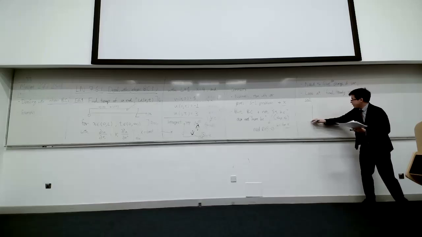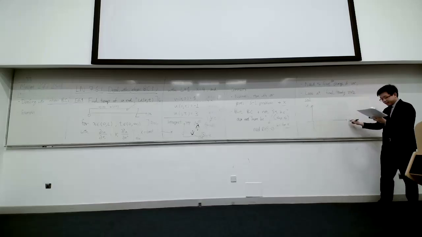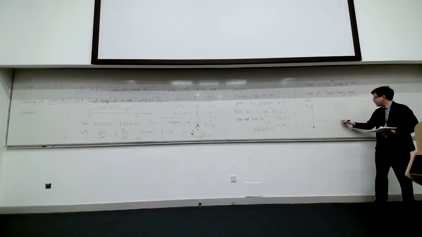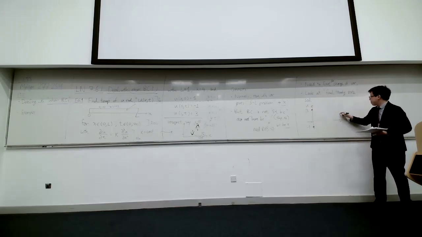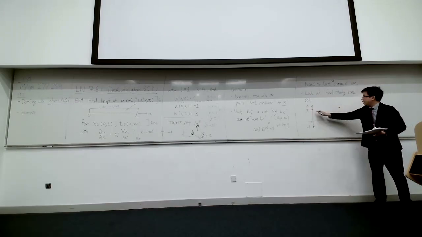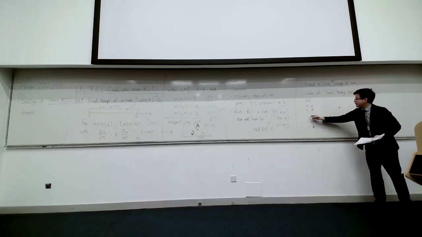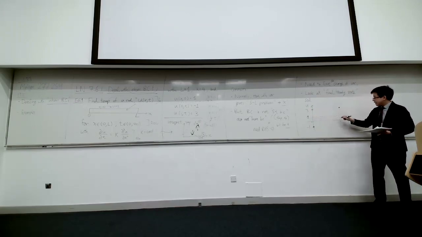So let's think about it. If my temperature in space is at x equals 0, I'm holding it at -1. And at x equals 1, or L, I'm holding it at u equals 3. Like this, my starting point is here. So at time equals 0, it's like this.